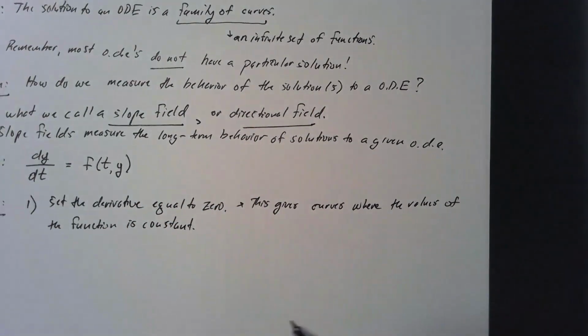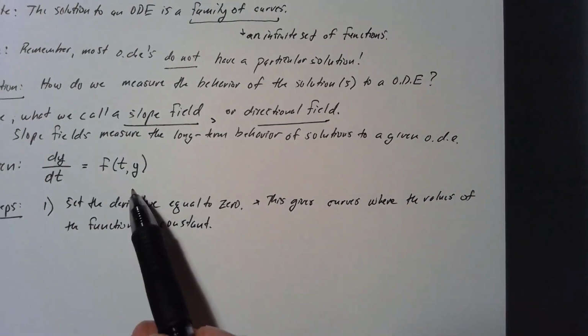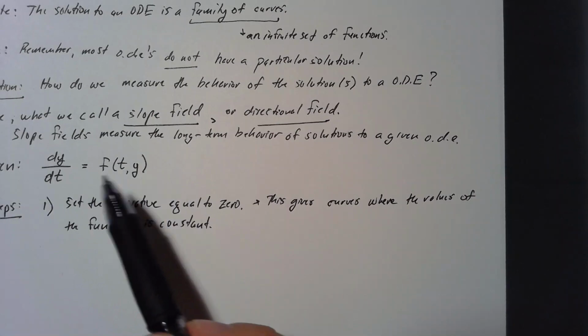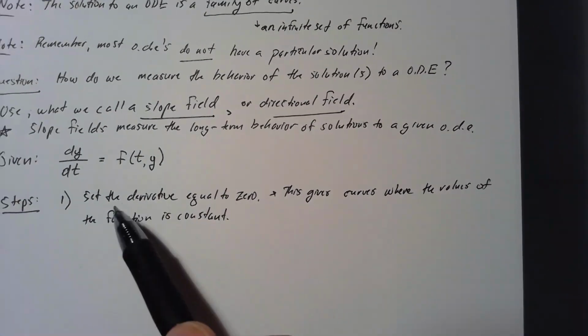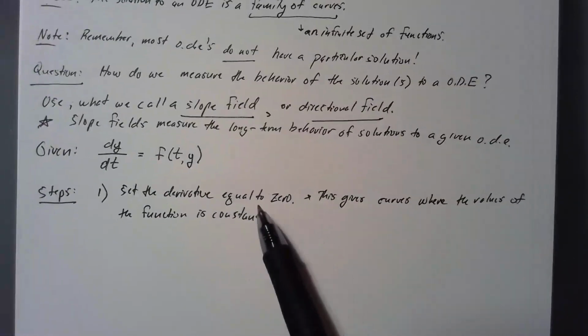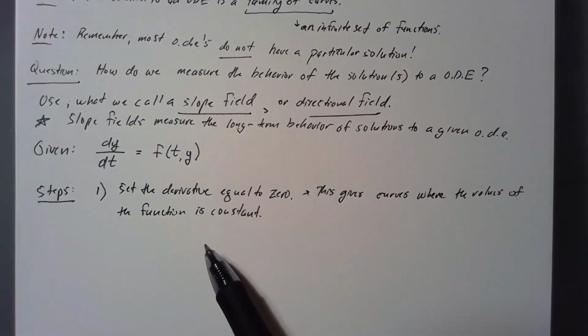You know that from Calc 1, right? When you take the derivative and set it equal to 0, you get the values where the derivative is constant, or the rate of change is 0. So these are basically the equilibrium solutions for the independent variable.